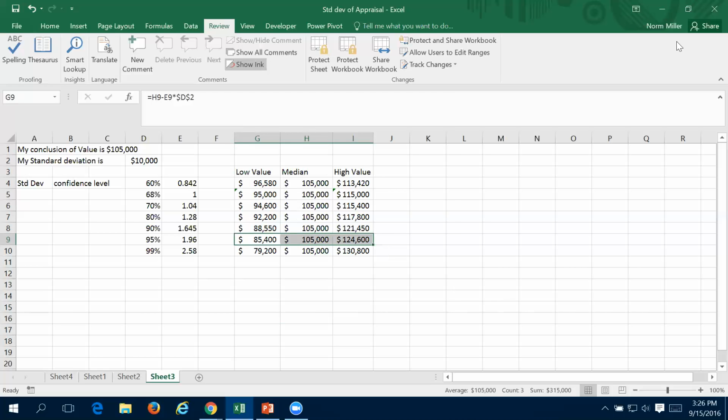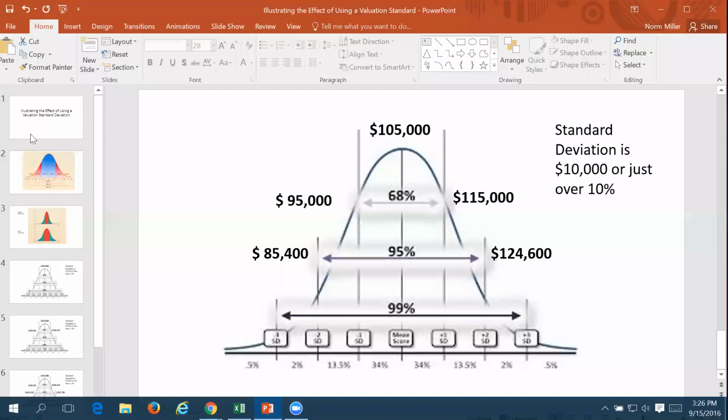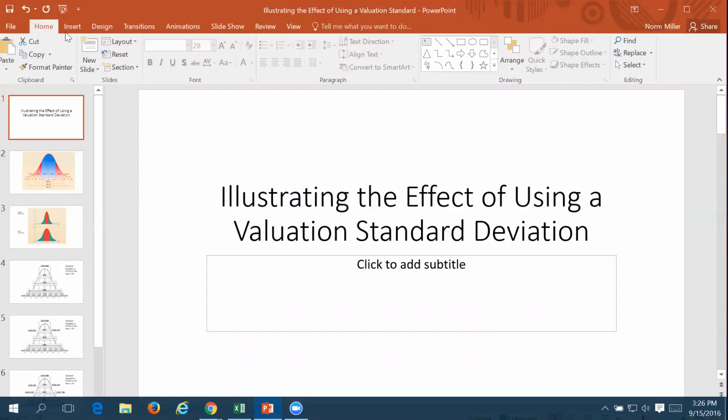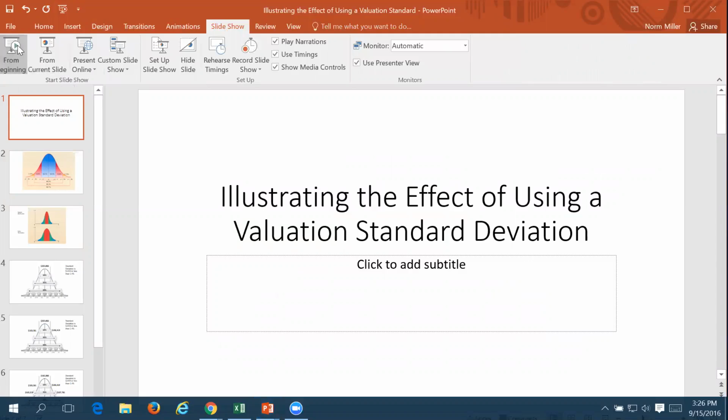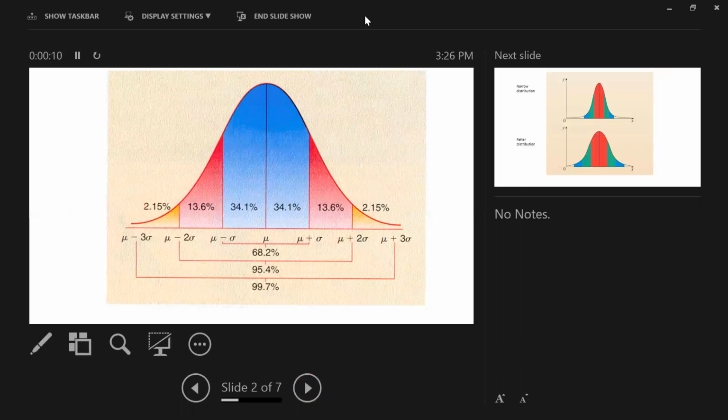Let me show it to you one more way. Let's take a look at this in terms of some slides, and let me illustrate the effect. So take a look at this normal distribution.